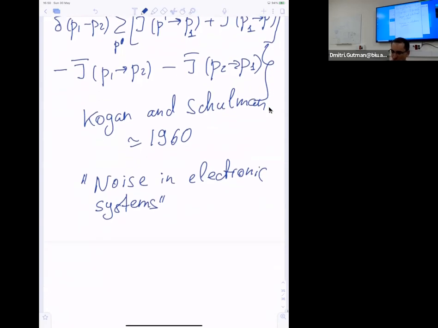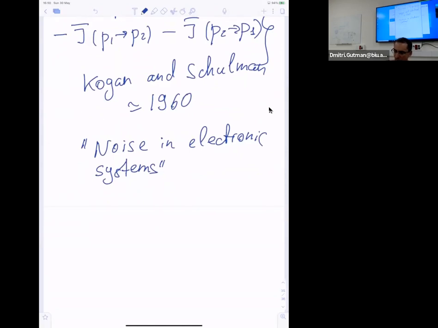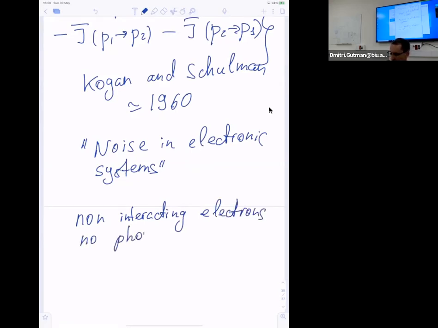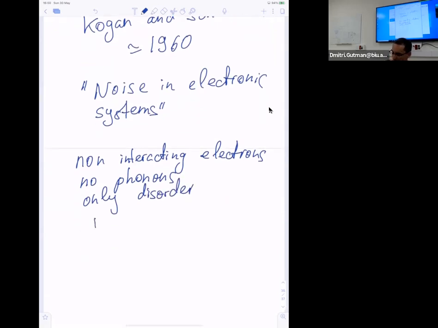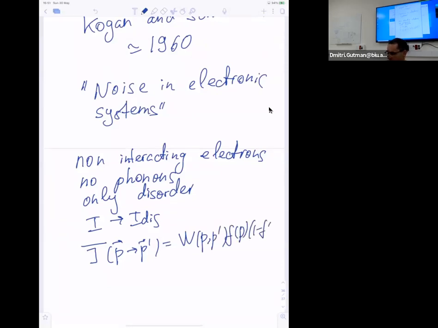Right. So what we should do for our problem, if we're talking about non-interacting electrons, no phonons, only disorder: our collision integral will be only the collision integral of the disorder type, and the flux of particles that corresponds to the same collision integral between state P and state P prime will be just W P P prime F of P times 1 minus F of P prime.